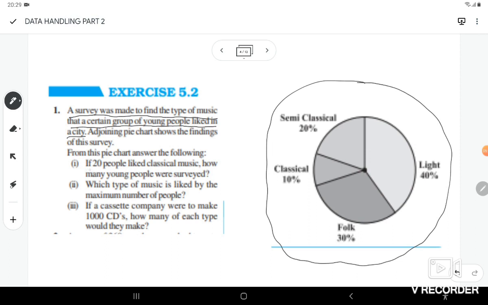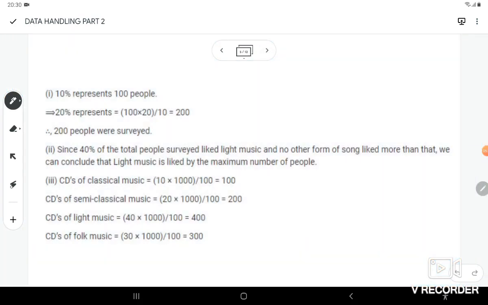Let's see the questions one by one. It says, if 20 people like classical music, how many young people were surveyed? So 20 people like classical music, which means 10% represents 100 people, so 20% would be double of it, so 200 people were surveyed.